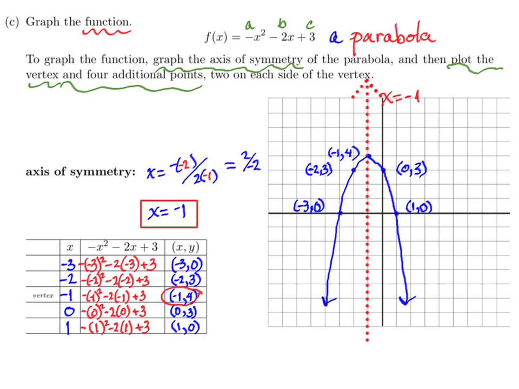So the parabola opens upward when a is positive or greater than 0. And the parabola opens downward when the number in front of the x² is negative or less than 0.